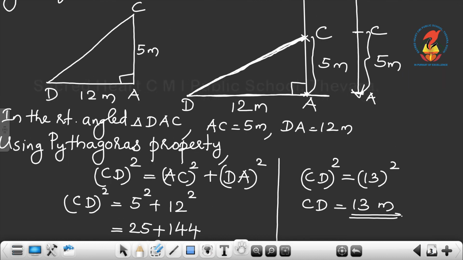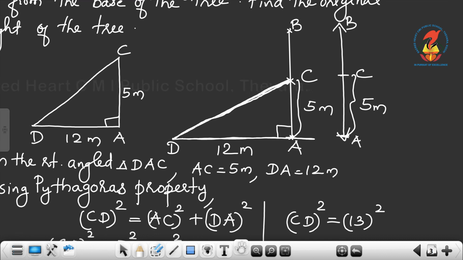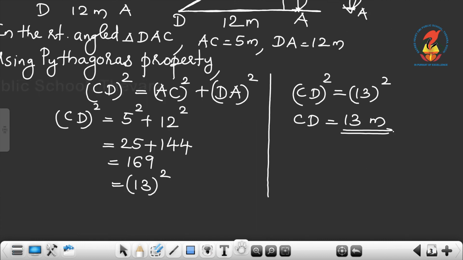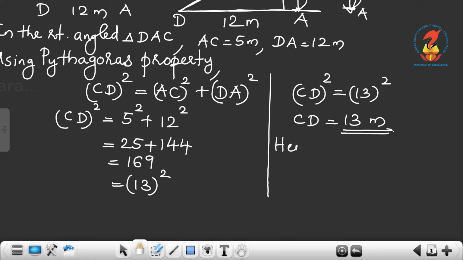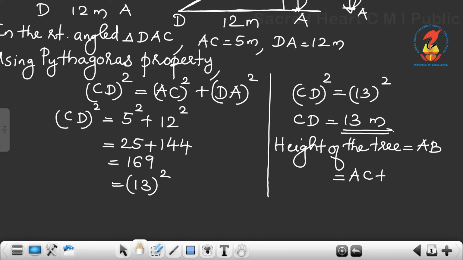Now, we have to find the height of the tree. So, what is the height of the tree? AB, and AB equal to AC plus CB. CB is equal to CD, so the value of CB is 13 meters.